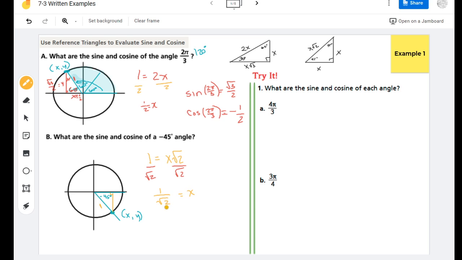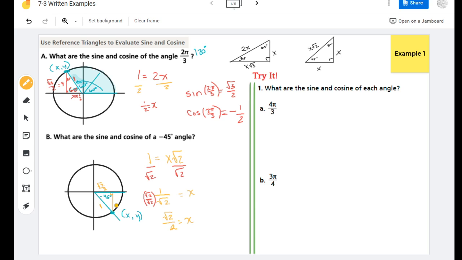But we don't like a radical in the denominator, so we have to rationalize it. That means I'm going to multiply this times the number 1, which I'll call root 2 over root 2. At the top, 1 times root 2 is root 2, and root 2 times itself is just 2. So my x value, right here along the axis, is root 2 over 2.